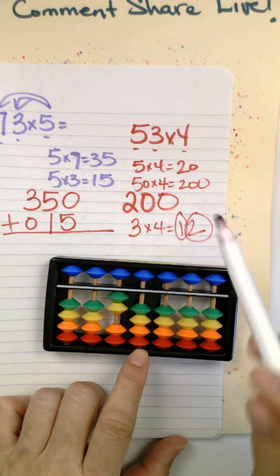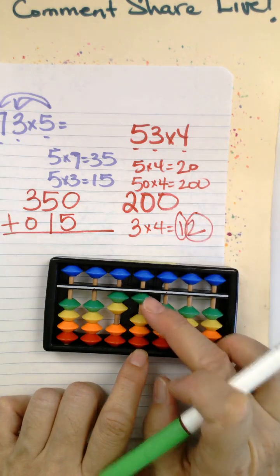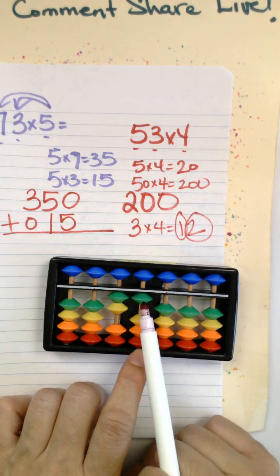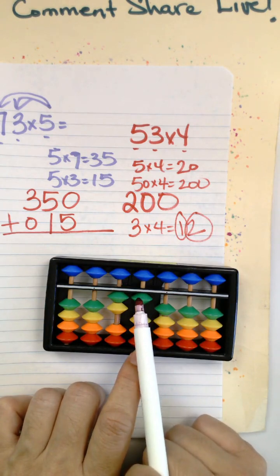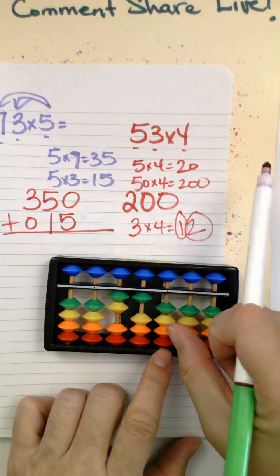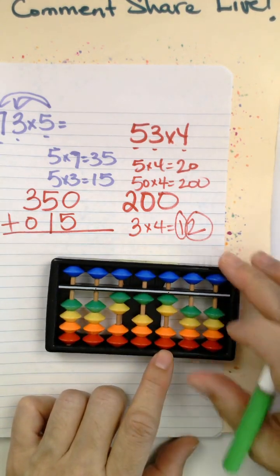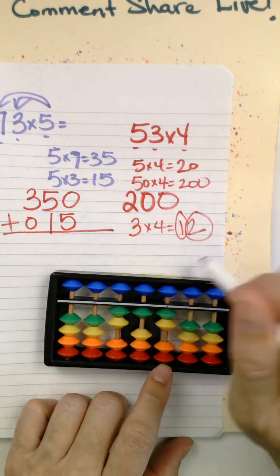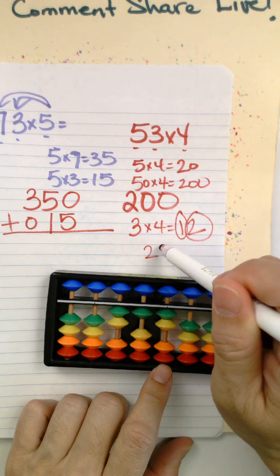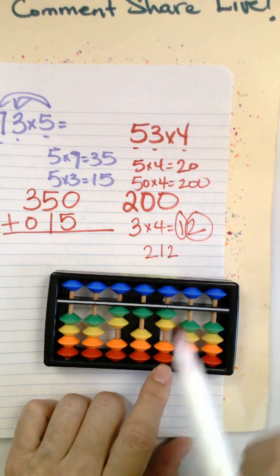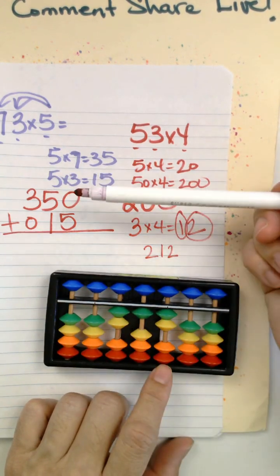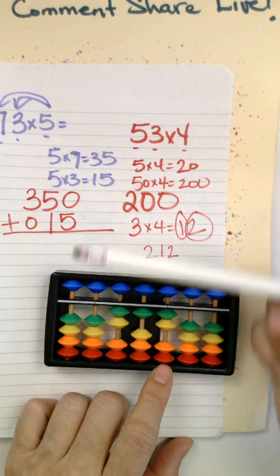I do my 1, and then I go here and add my 2, making 12. Did that make sense? Then when I put it all together, my answer is 212.